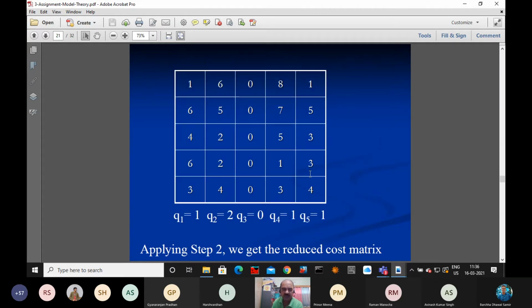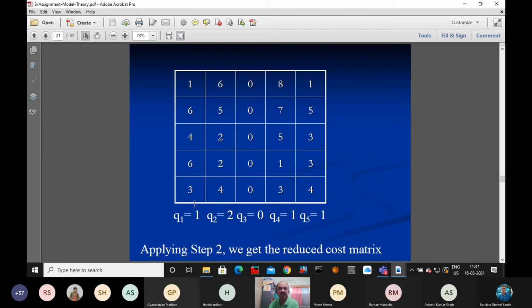Okay, this. After subtracting, we find in the first row there is a 0. In the second row, there is a 0. In the third row, there is a 0. In the fourth row, there is a 0. In the fifth row, there is a 0. Now we would like to know whether in each column there is a 0 or not.